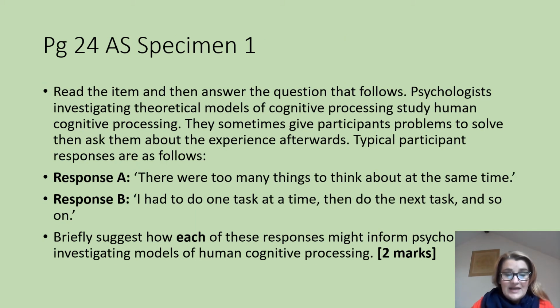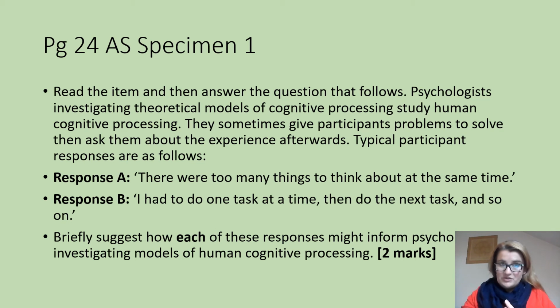Now the next one is quite a tricky one on page 24, but I don't want you to overthink it. Read the item and answer the question that follows. Psychologists investigating theoretical models of cognitive processes study human cognitive processing. They sometimes give participants tasks to solve, then ask them about their experience afterwards.